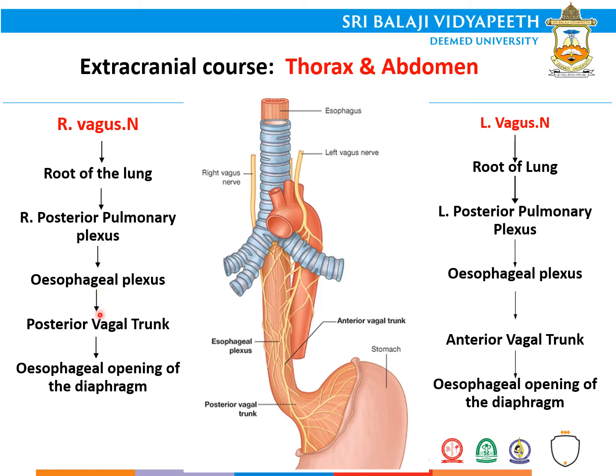From this esophageal plexus is derived the posterior vagal trunk, and this posterior vagal trunk passes through the esophageal opening of the diaphragm. Similarly, the left vagus nerve also passes behind the root of the left lung, and then it forms a left posterior plexus there. Then it descends on the anterior surface of the esophagus to form an esophageal plexus, from which is derived the anterior vagal trunk. This anterior vagal trunk passes through the esophageal opening of the diaphragm and then enters the abdomen.